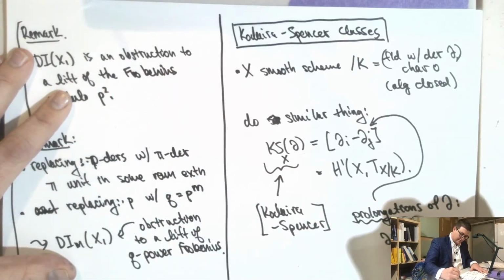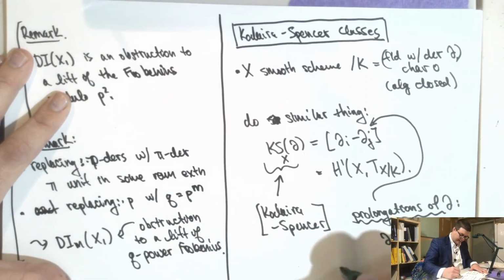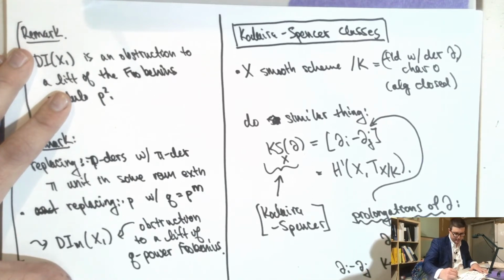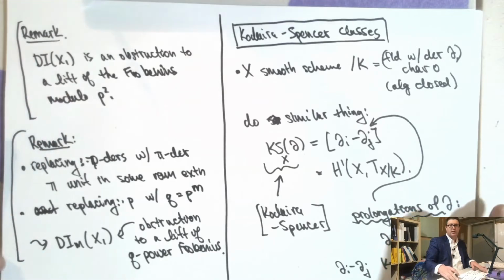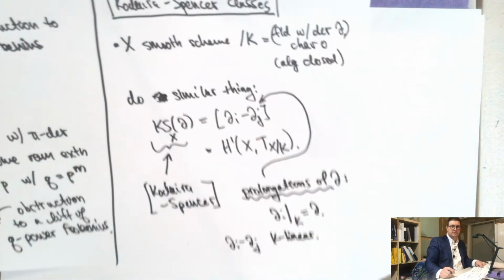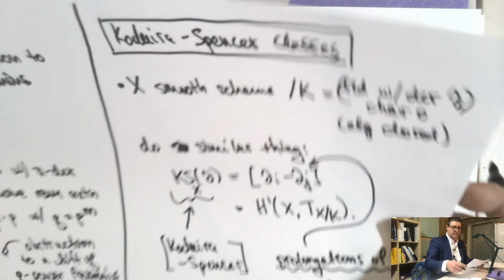And note that this means that this thing here is K-linear. So this is the version of the Kodaira-Spencer that we're going to do. We're only using the generic fiber version of this, and I talked about that before.